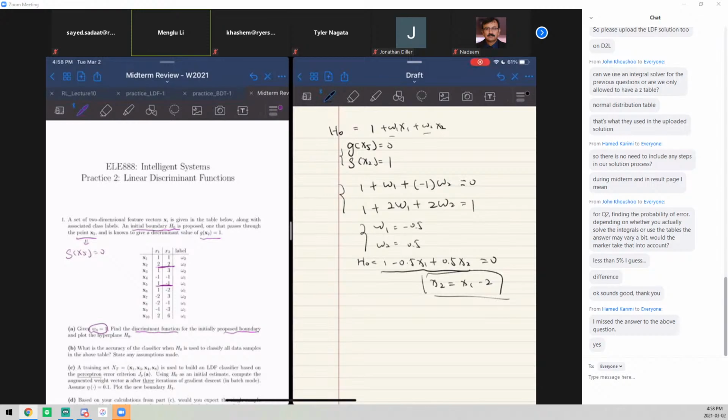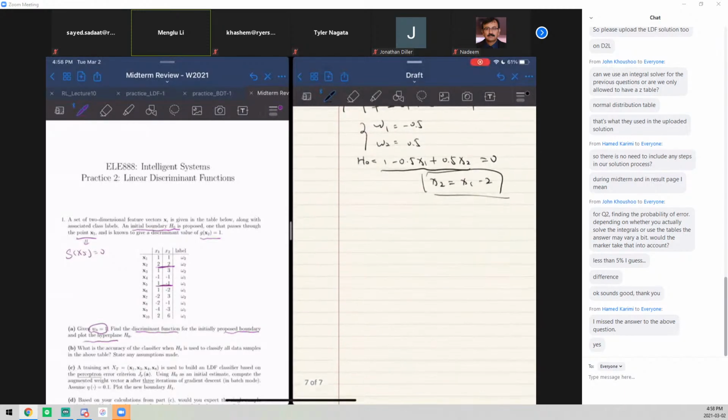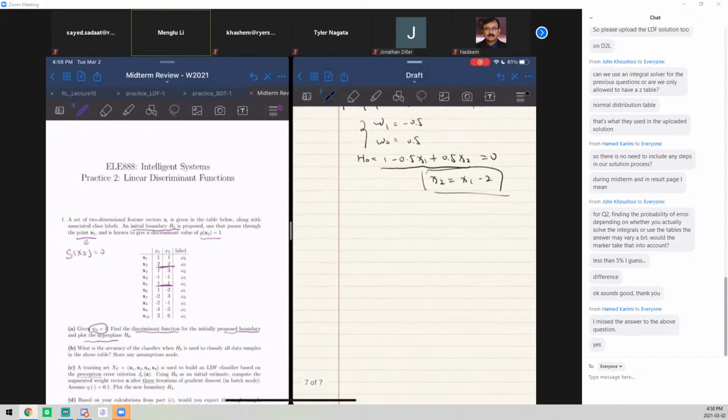And it wants us to draw it, plot the plane. So I just plot. First I plot all 10 points on the graph. It will be like this.